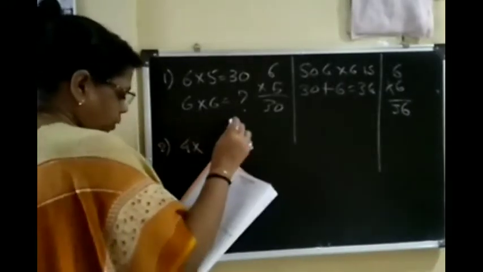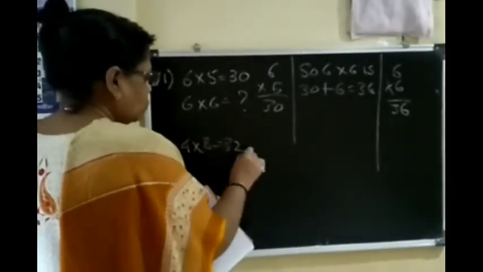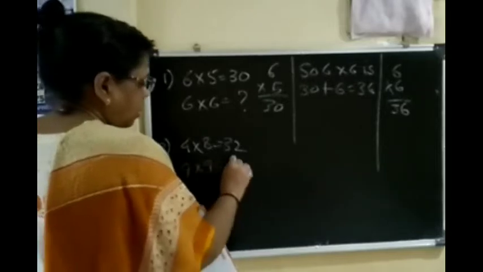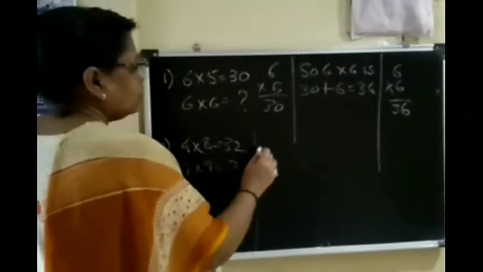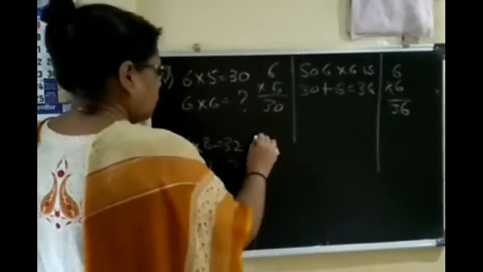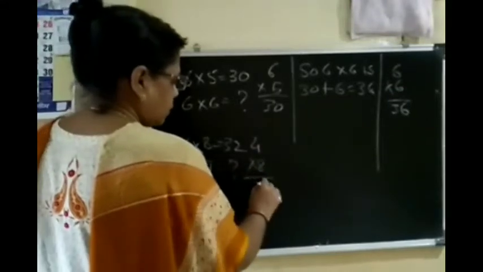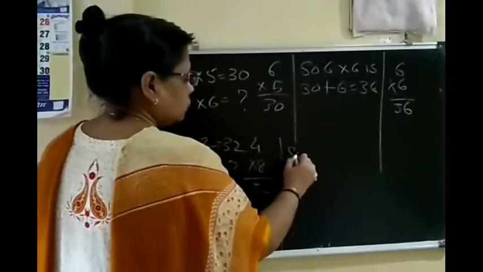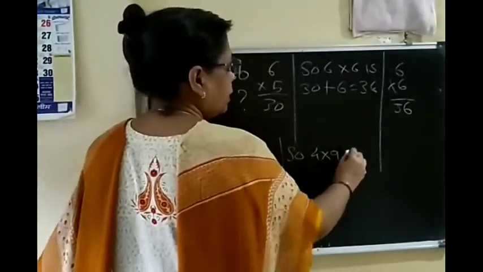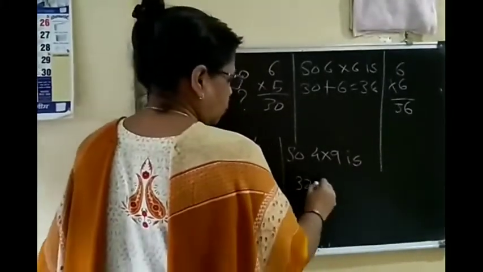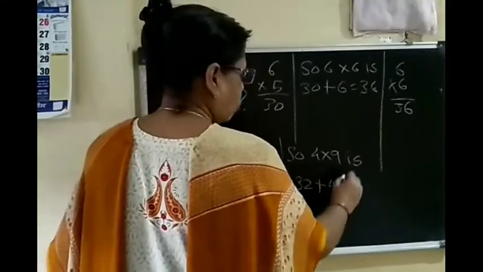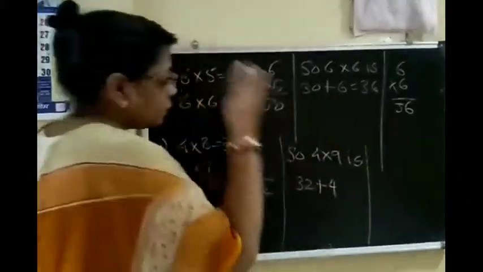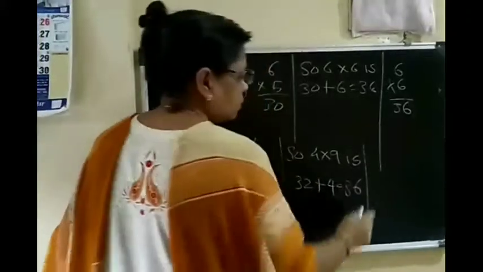4 into 8 is 32. So 4 9s are how much? Okay, for that, 4 into 8, 32. So here 4 into 9 is 32 plus 4, that is 36.